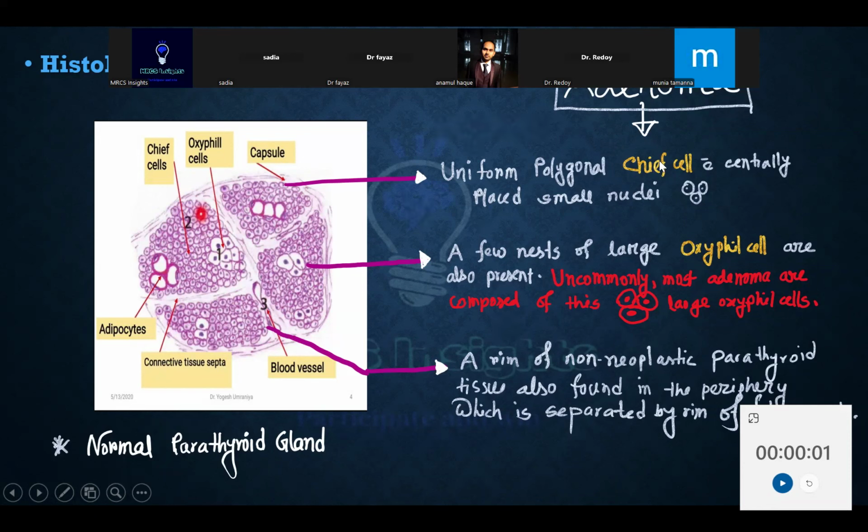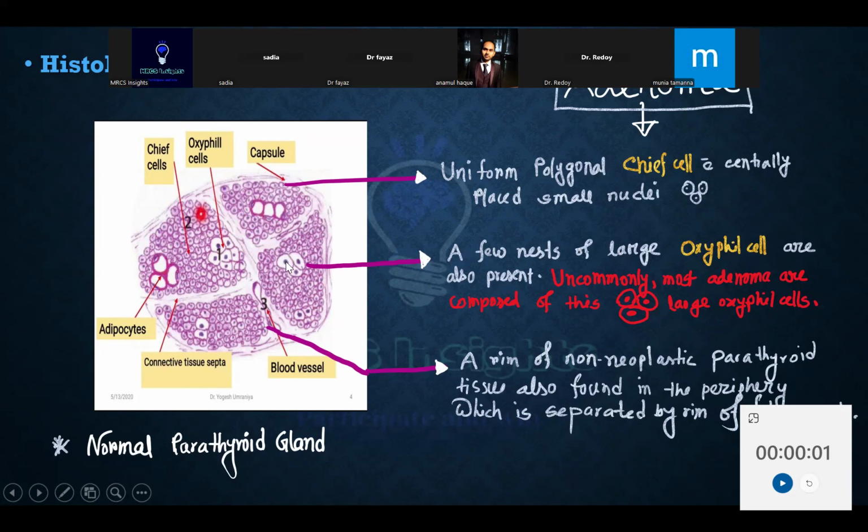So what will happen in case of adenoma? Parathyroid adenoma will contain uniform polygonal chief cells with centrally placed small nuclei, and also a few nests of large oxyphil cells.